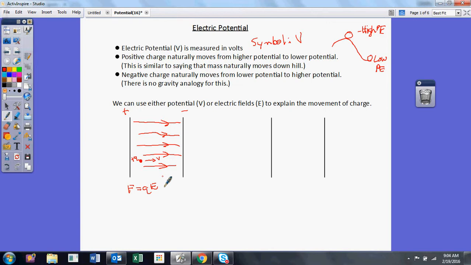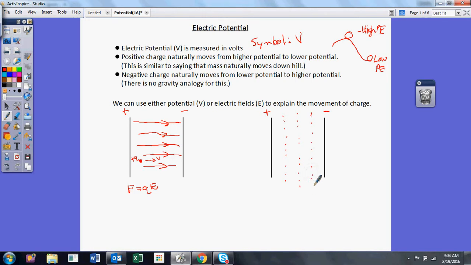But we could also think in terms of potential. So when we did that potential mapping lab a while ago, the group that had this arrangement found that the equipotential lines, the lines of equal potential, were parallel to the charges here.